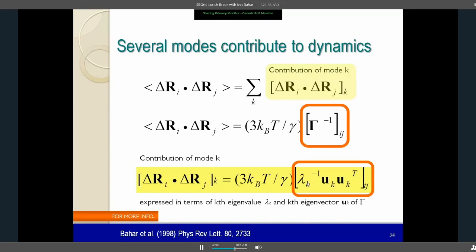So just to show you the difference, if you extract the slowest mode, here's the profile, the mobility.